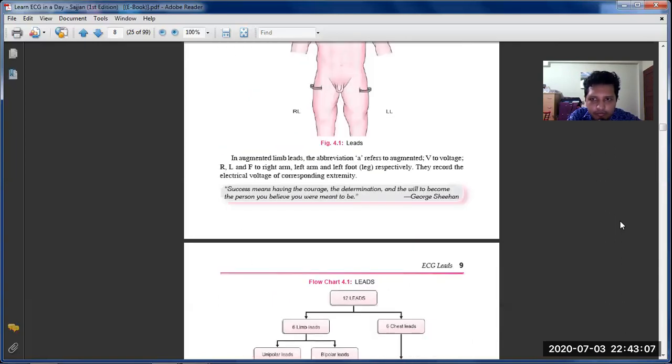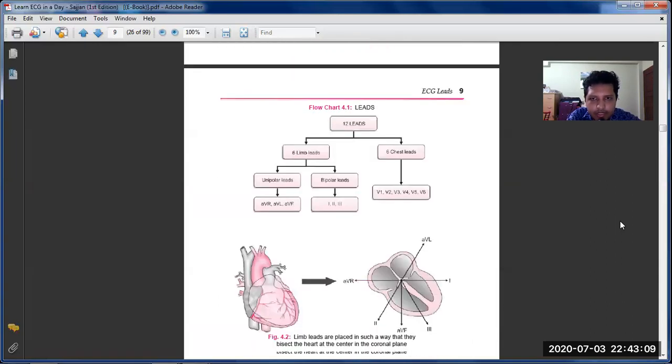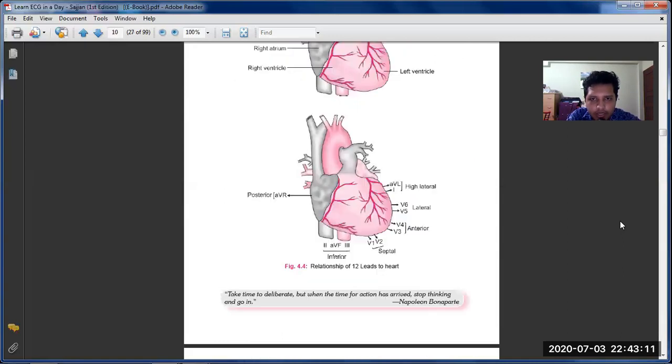So if we see the picture here, the heart is situated on the left side, its apex is directed to the left and its axis is directed to the left. So its impulse is also directed to the left, that means directed to V6 more than V1. So when an impulse passes from this side to this side, it passes towards V6 and away from V1.